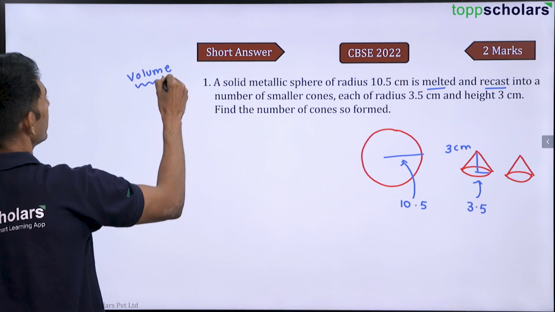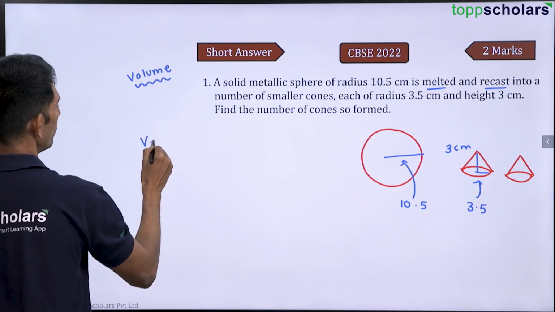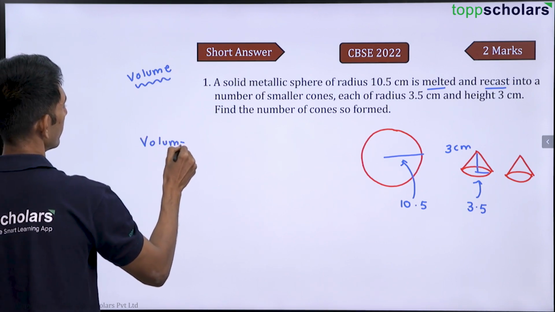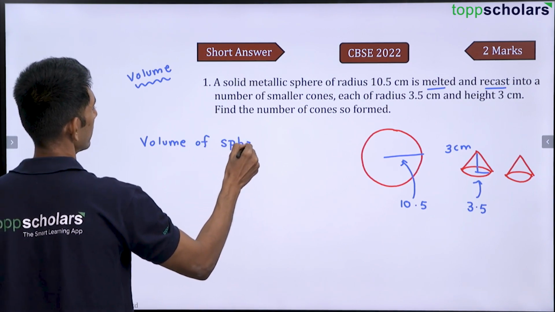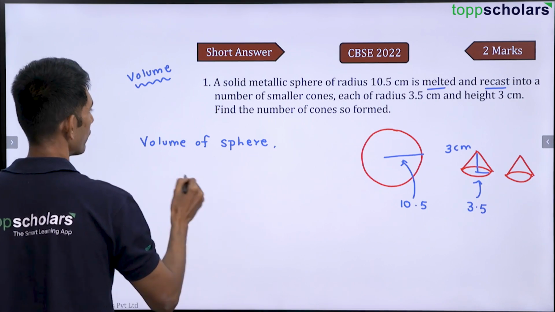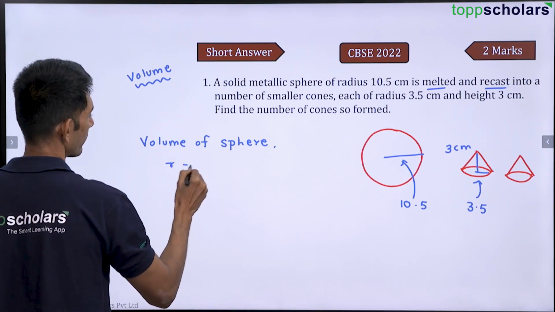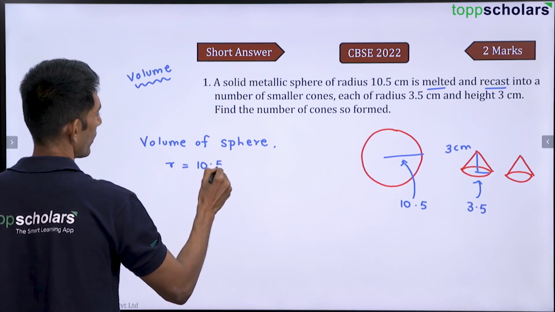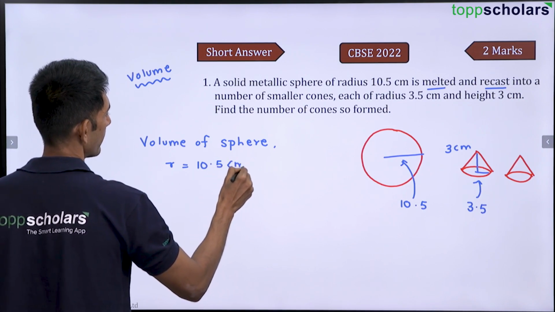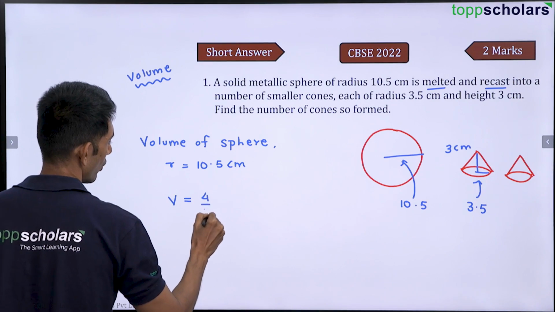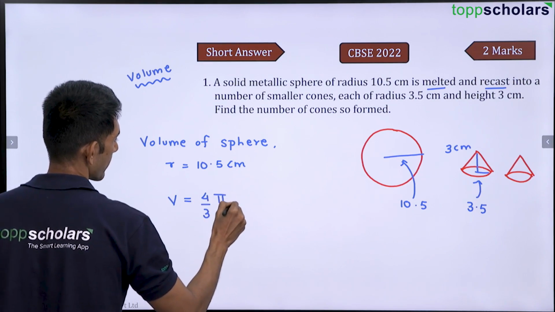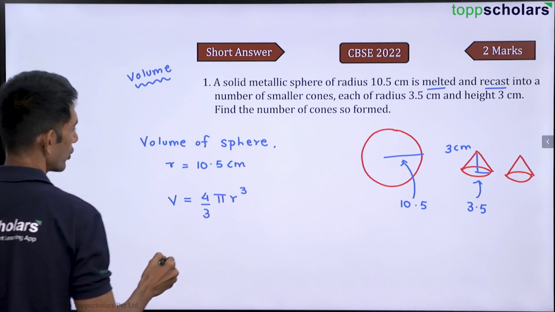So for that we need the volume of the sphere first. What will be the volume of the sphere for radius 10.5 centimeter? Can I say the volume is going to be 4 by 3 pi r cube?